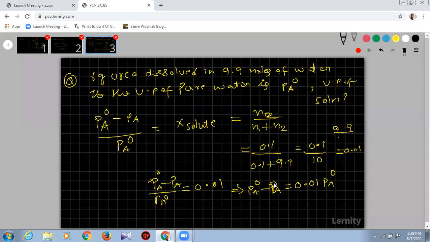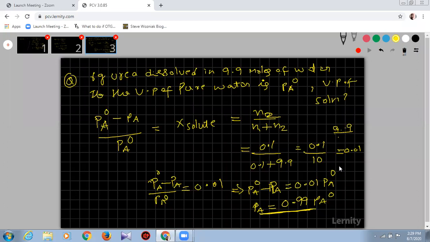So 1 PA naught minus 0.01 PA naught, therefore PA is equal to 0.99 PA naught. Very good. This is the vapor pressure of the solution after addition of solute: PA is equal to 0.99 PA naught.